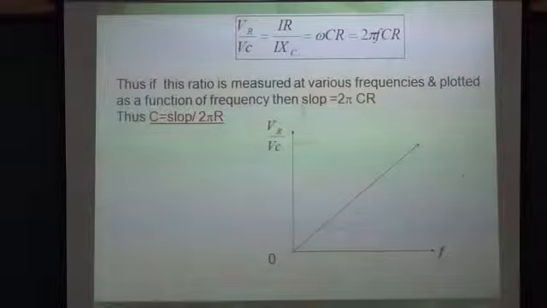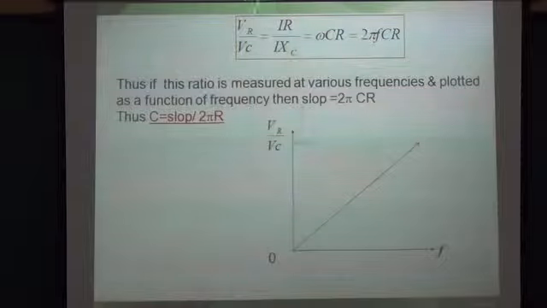So you will be taking VR and VC, take their ratio, which must be omega CR, that is 2 pi F CR. So if I plot VR by VC versus F, my slope is 2 pi CR.